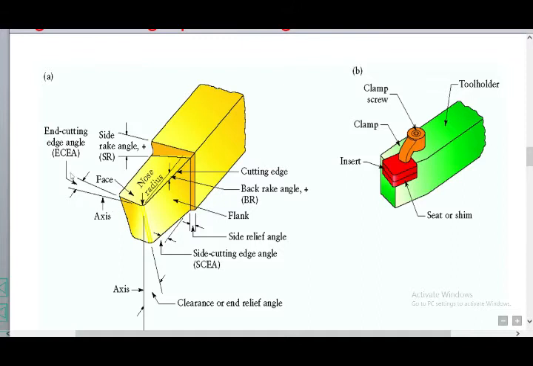First, top side is the end cutting edge angle, and down side is the side cutting edge angle, and next the side rake angle and back rake angle, side relief angle, back relief angle, and the final seventh one is the nose radius. These are the elements, one by one we discuss here.